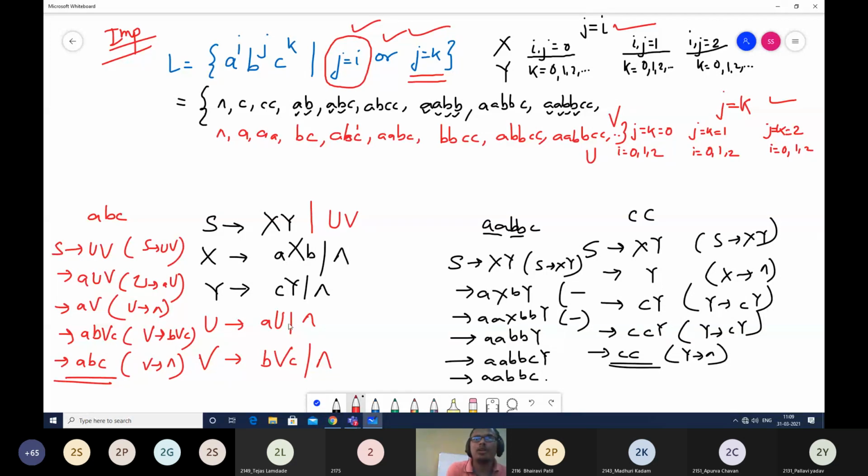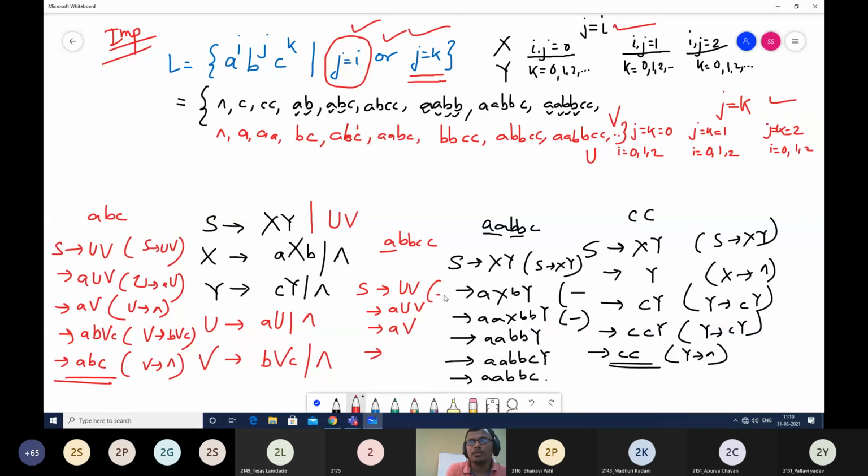Suppose I have more A's and B's, one example of that sort I'll take here before I close. Suppose I have the string A, B, B, C, C. How will it happen? S gives UV, then U gives AU. One A is done, so U gives null.